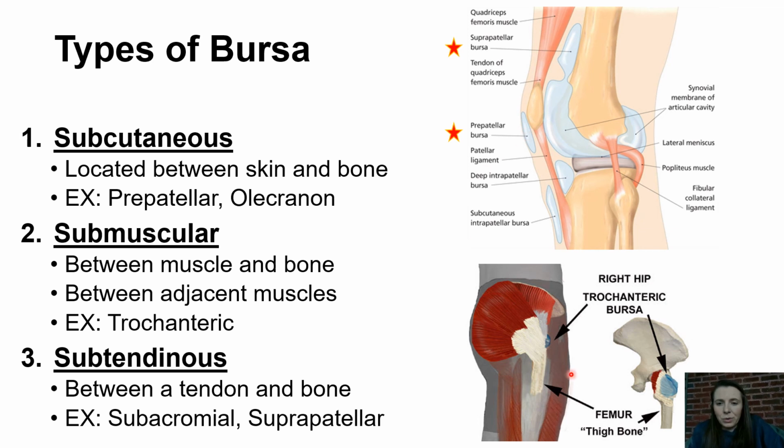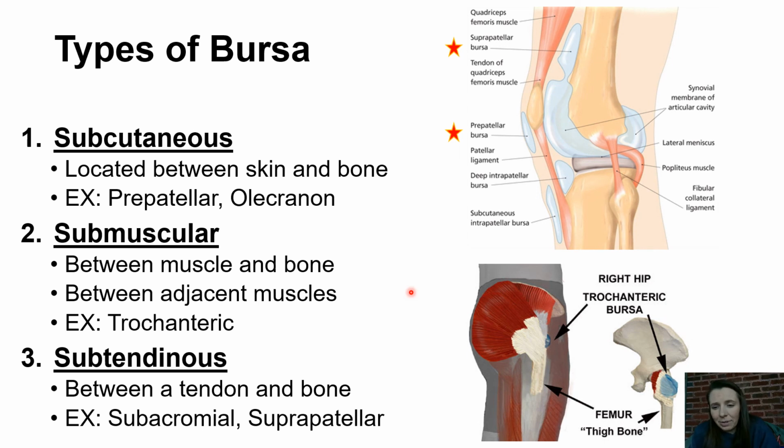In addition to the subcutaneous bursa, we also have submuscular bursa. These submuscular bursa are located between a muscle and a bone. They can also be located between two muscles that are sitting next to each other.